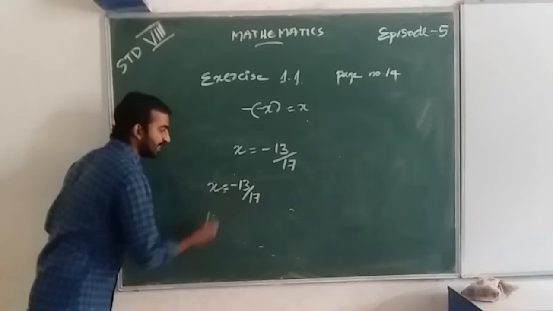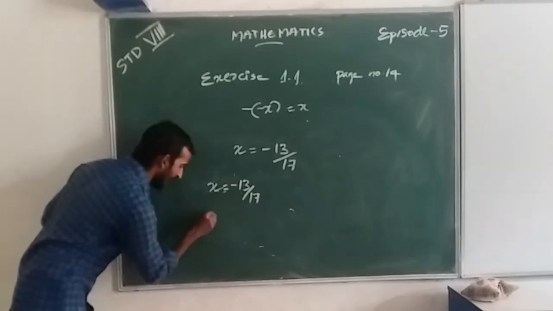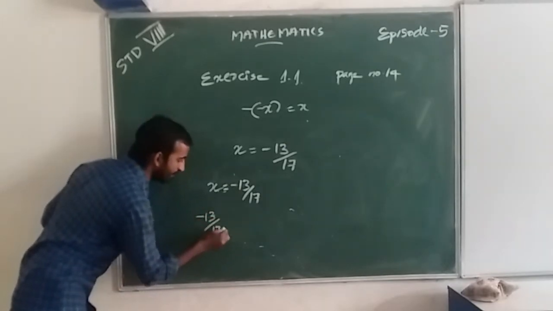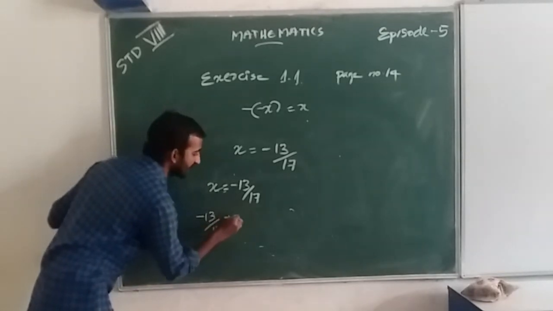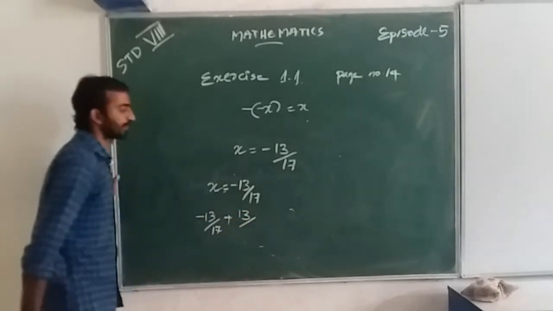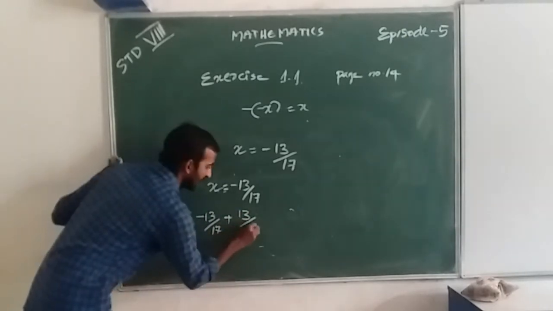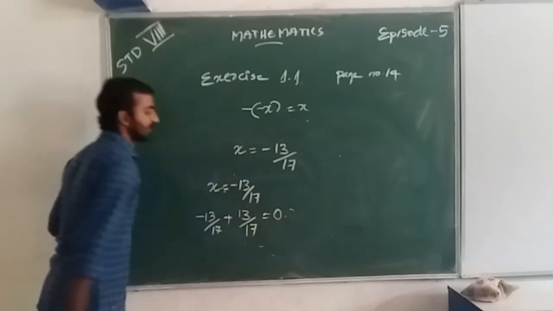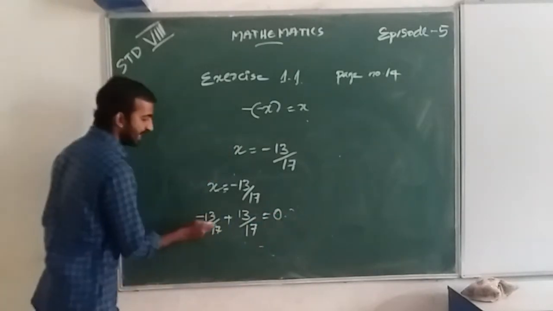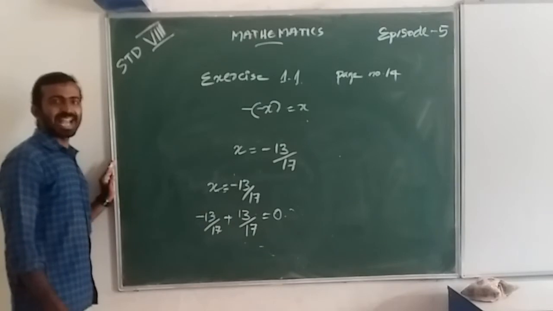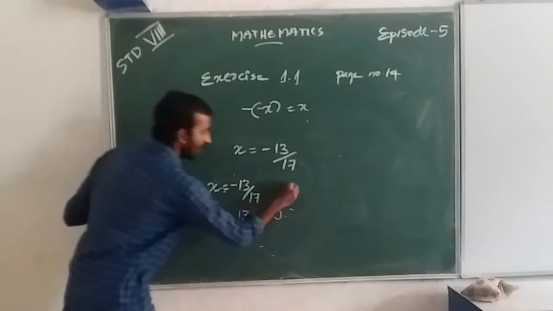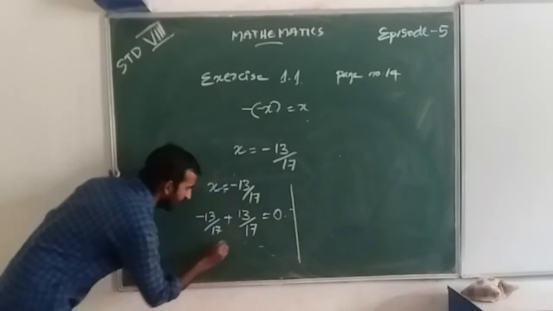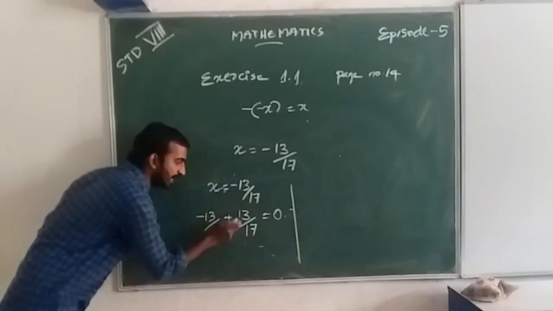When we find the additive inverse of this, 30 by 70 is the additive inverse of negative 30 by 70. That is, we want to find the additive inverse of 30 by 70.